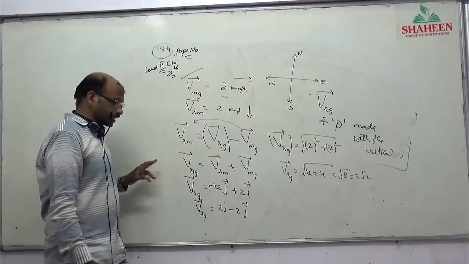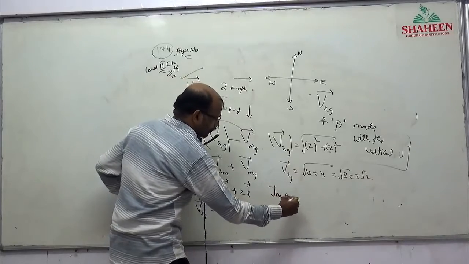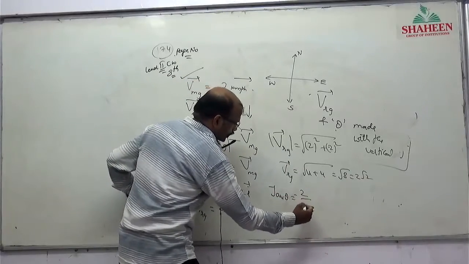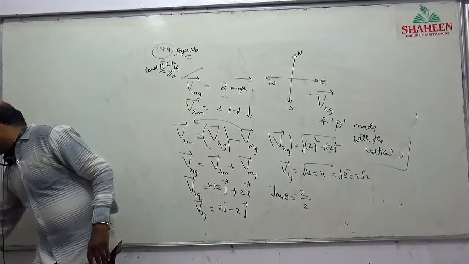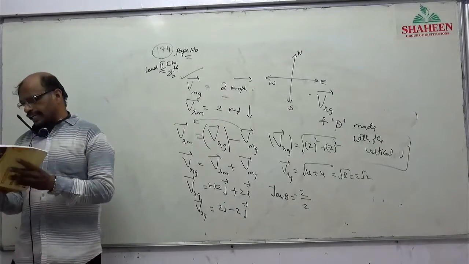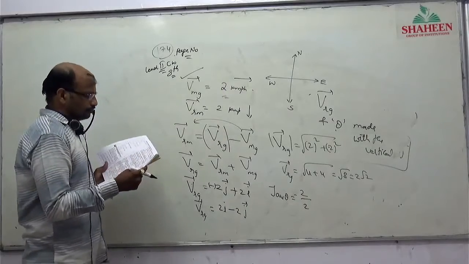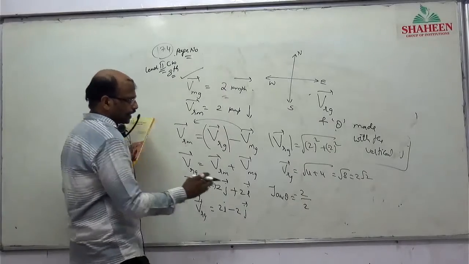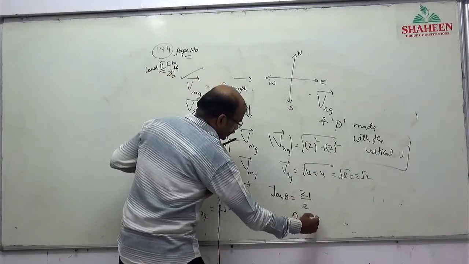The angle is also asked. So angle theta with the vertical, tan theta with the vertical is horizontal by vertical. So what will we get? Copy this diagram. Write the equation. With the vertical means theta equals 45 degrees is the correct answer.